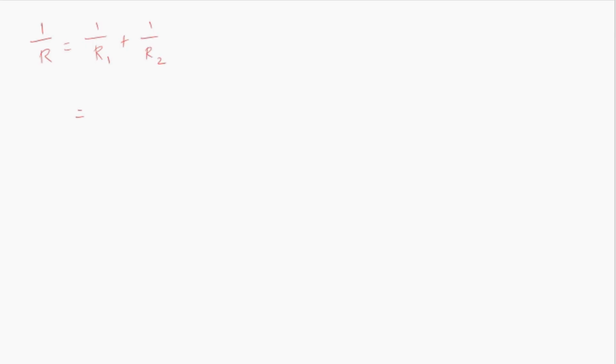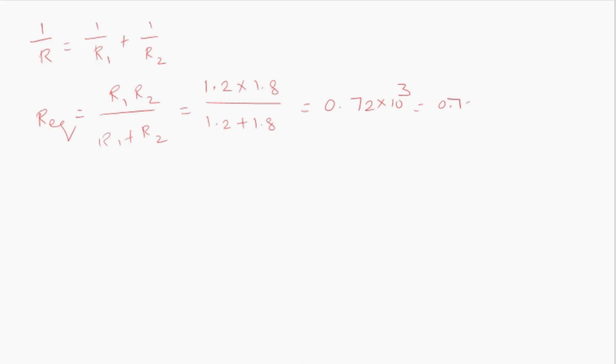Therefore, R equivalent equals R1 R2 by R1 plus R2, which is 1.2 into 1.8 by 1.2 plus 1.8, which is 0.72 into 10 cube, which is 0.72 kilo ohms.